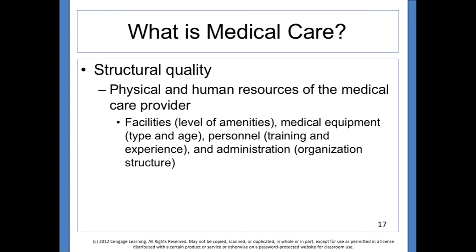And also administration is very important. It's basically the organization structure. It's related to the delivery system even before people see their doctors. So that actually affects the quality of the service.